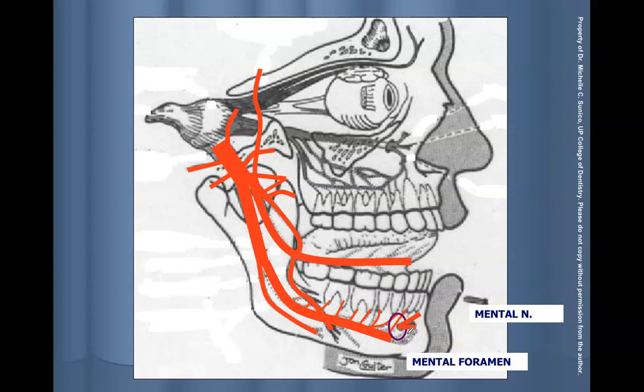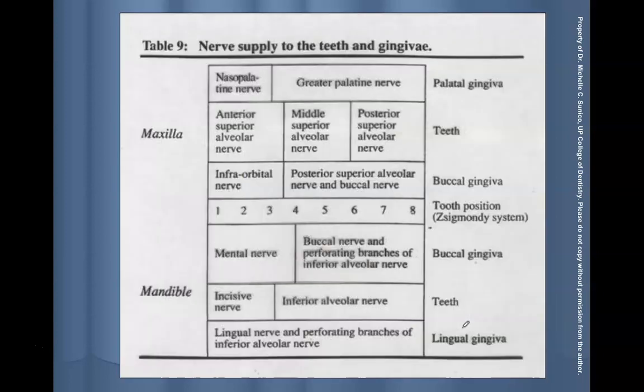It's not called inferior alveolar nerve anymore, but it becomes the incisive nerve, which is the innervation of the pulps of the mandibular anteriors. That's why I said, do not call the nasopalatine nerve in the maxilla the incisive nerve, because there is an incisive nerve in the mandible. I hope that is clear.